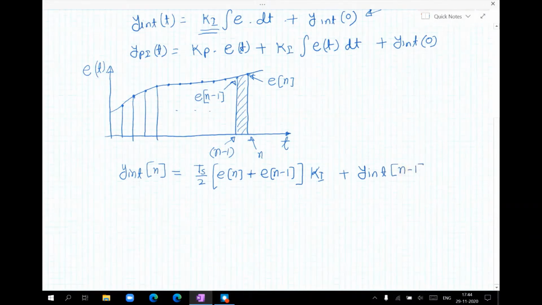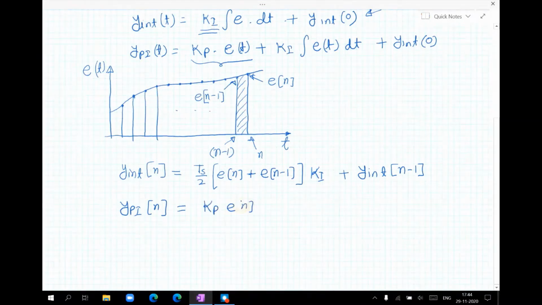And this output we can add to the proportional part of the PI controller to get the total output. So y pi n is equal to kp times e n plus y int. So this is the way we can discretize the PI controller.